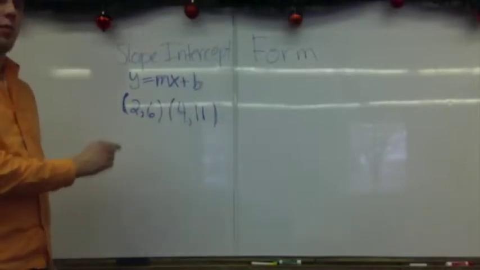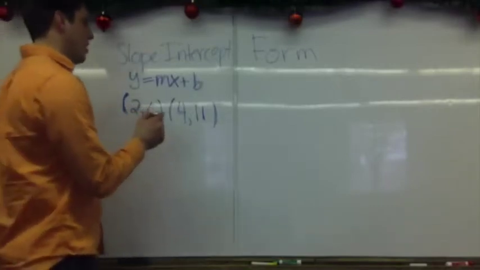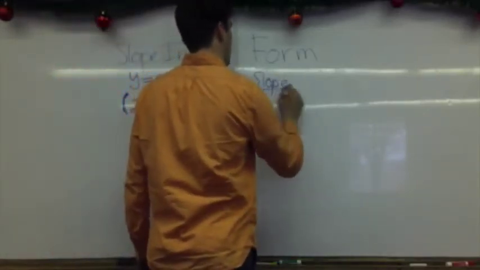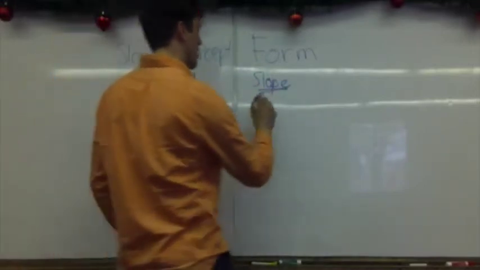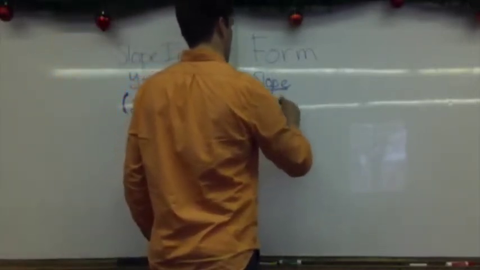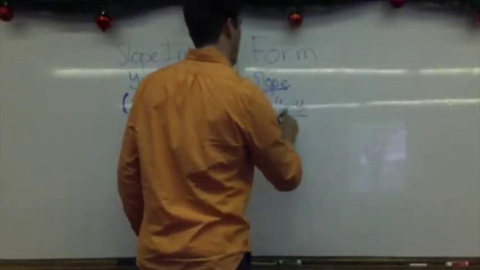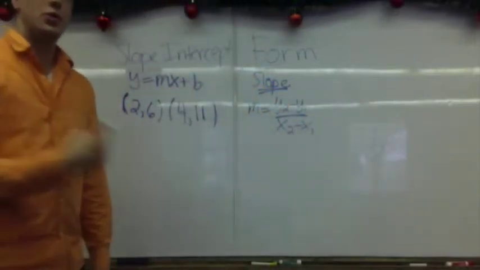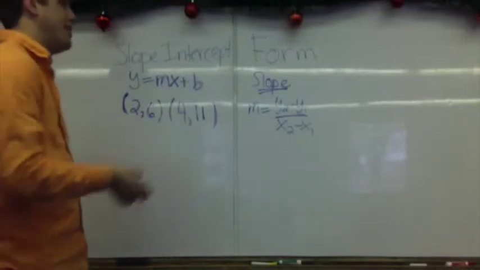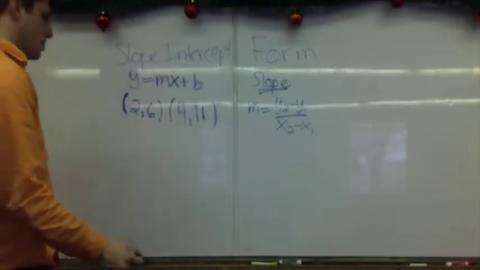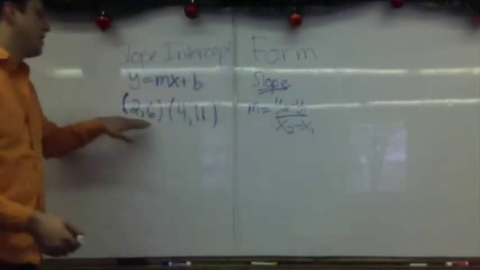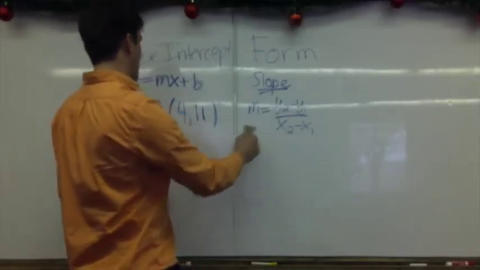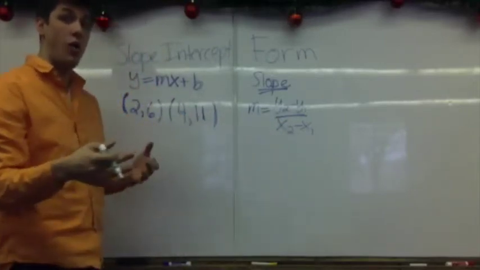We know how to take the slope of 2 points. We already learned the equation, and so finding slope requires the equation m equals y2 minus y1 over x2 minus x1. If you go through those steps, and I'm going to save time in the lecture by doing it quickly, you will discover your slope. Between these 2 points, you have your y2 minus y1, which is the difference between your y's, or the rise.